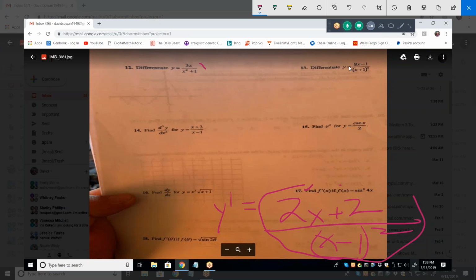So I've got y prime. I'm going to try to write a little smaller here. Now we're going to do it by the product rule, so I'm going to write it like this. Okay, so y double prime.